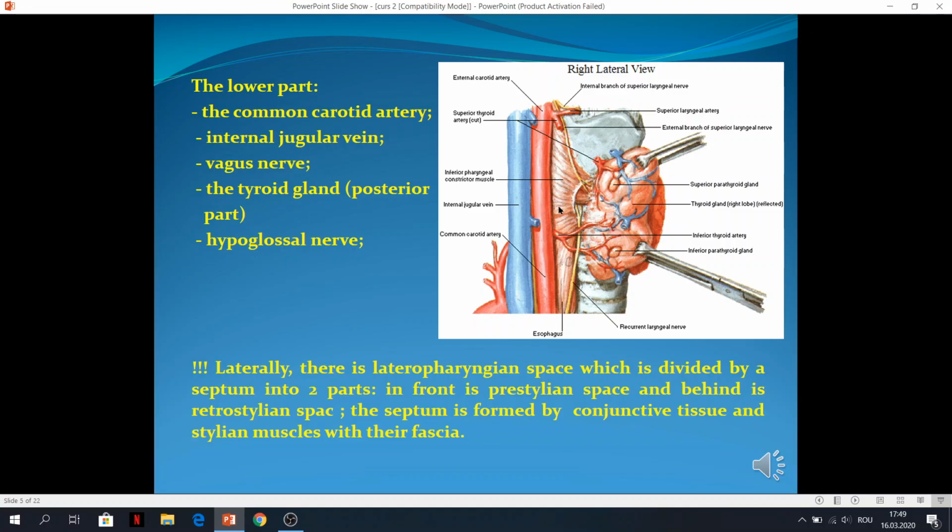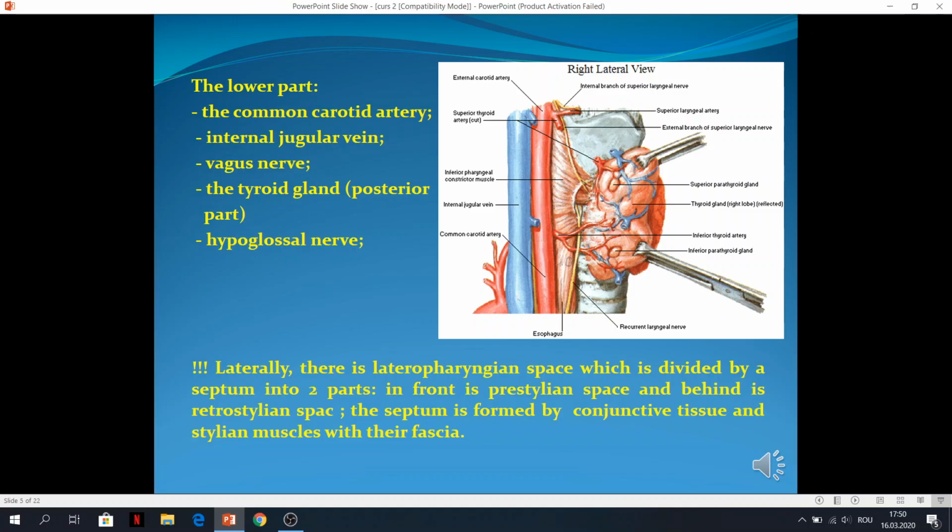Okay, in the lateral parts, there is that space. I just want to remind you about it, we spoke about it last time, the lateropharyngeal space. That space is important because it contains the stylian muscles, the muscles which connect the styloid process of the temporal bone with the tongue, for example, with the pharynx, with the hyoid bone.